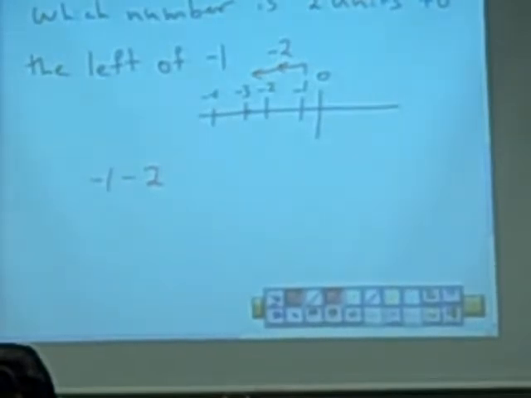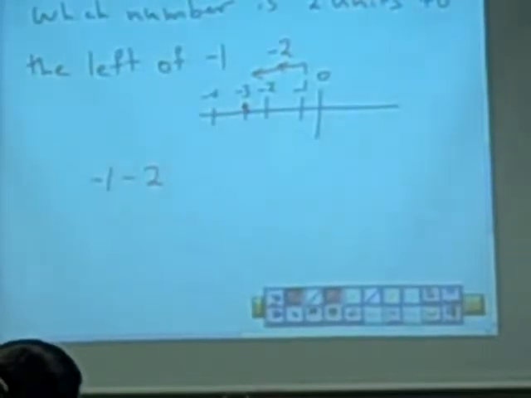So we're at -1, and we're going 2 more negative numbers. So this would be the same thing as saying a -1 plus a -2.